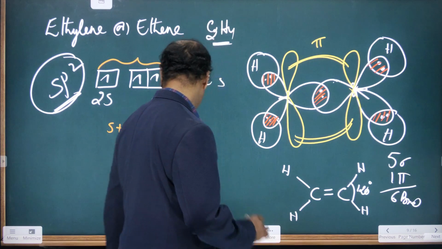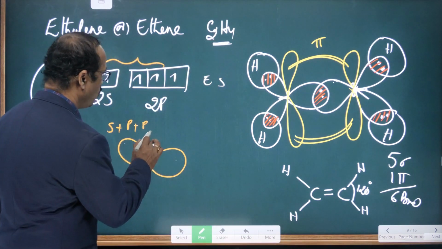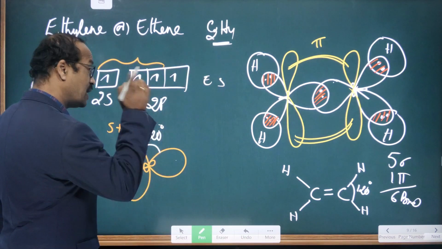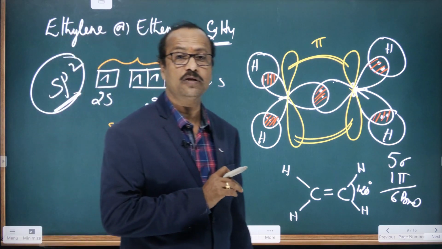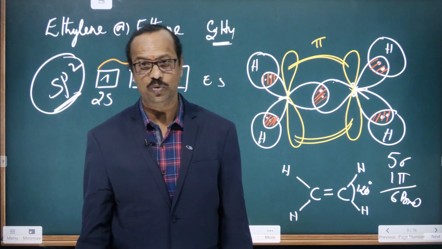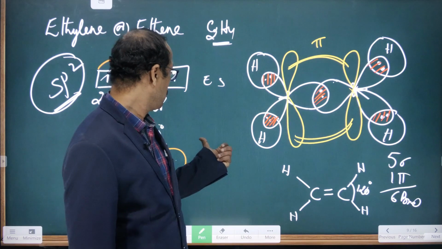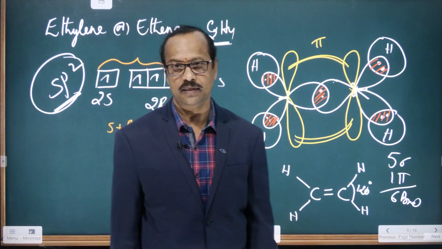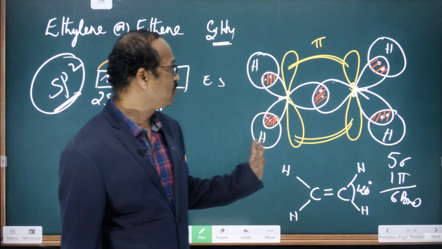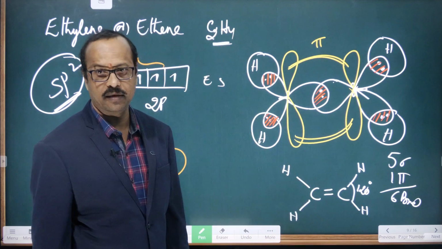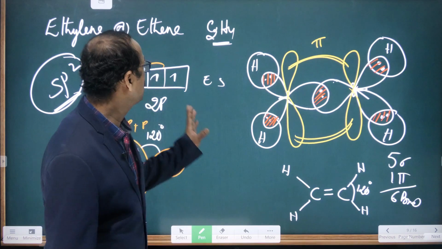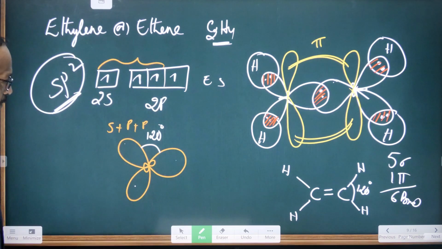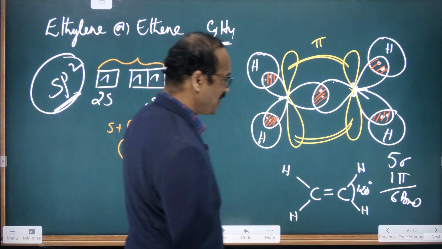In sp3 hybridization, the bond angle is how much? 109 degrees 28 minutes, we discussed, right? So here the bond angle is 120 degrees. Okay, so that is about ethylene. Now then come to the acetylene.